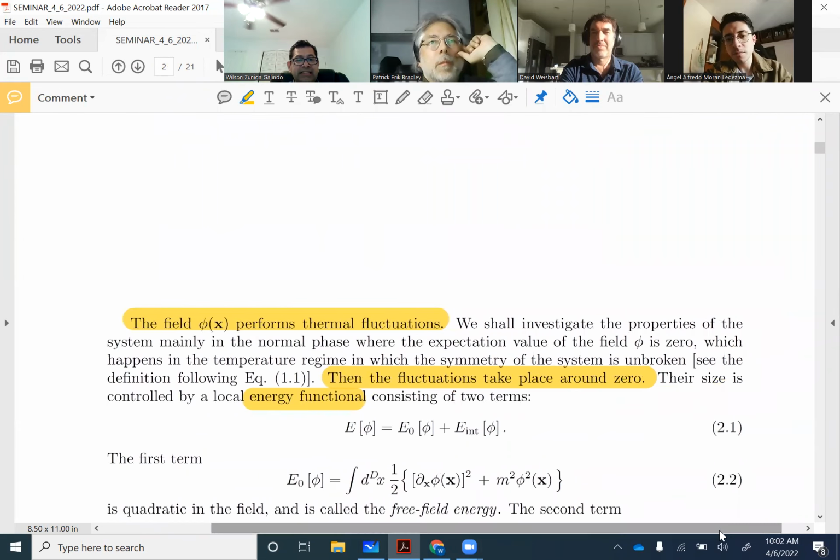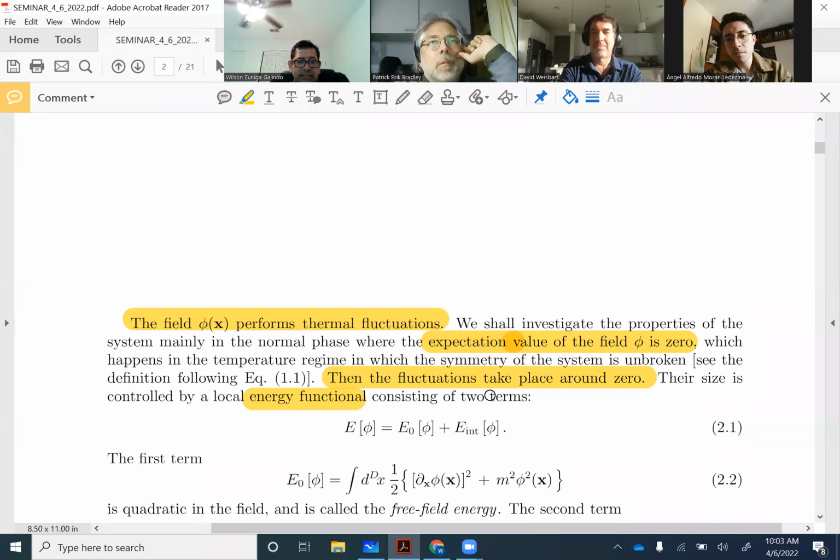Now, this is the fundamental physical hypothesis: the field phi performs thermal fluctuations. In the construction of these theories, typically one assumes that the expectation value of the field is 0.